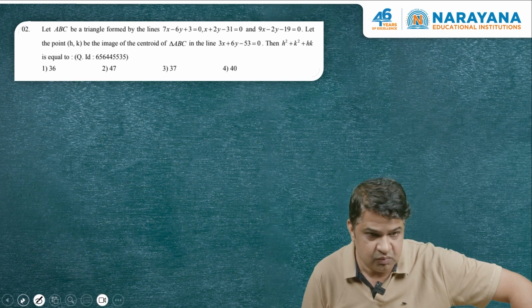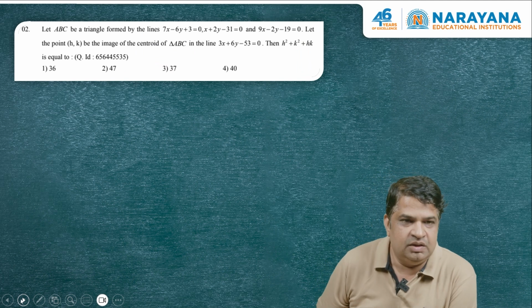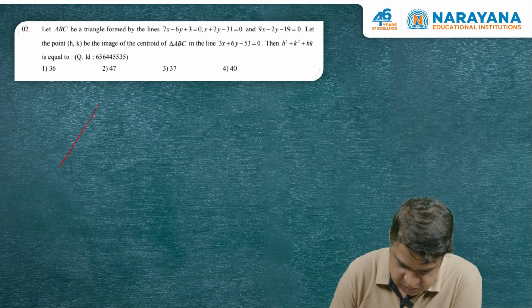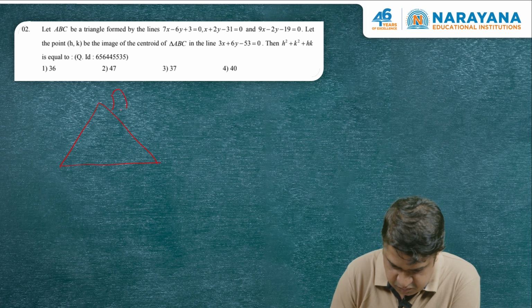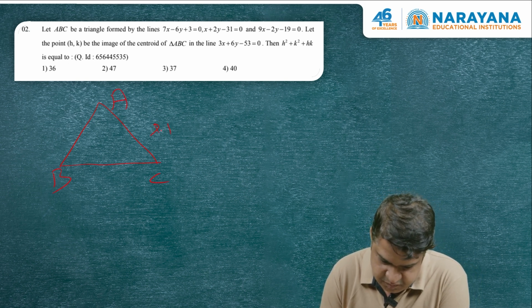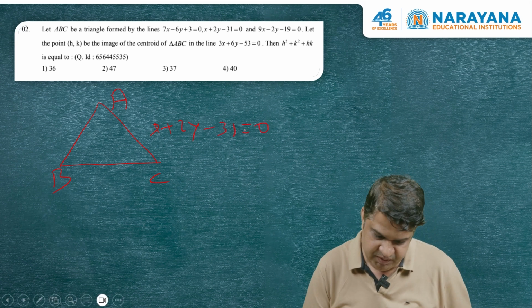Then next, there are three straight lines forming a triangle ABC. First is x plus 2y minus 31 equals 0.